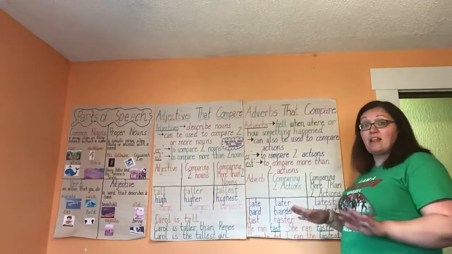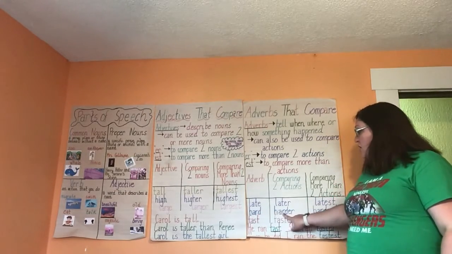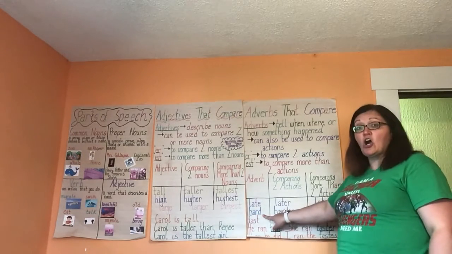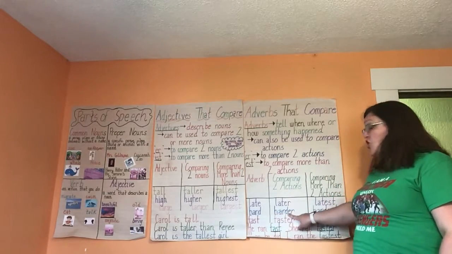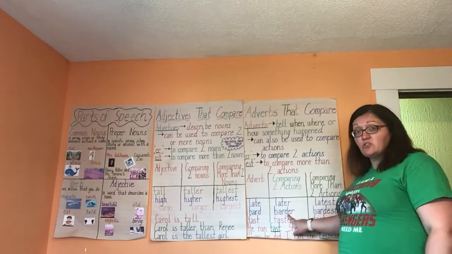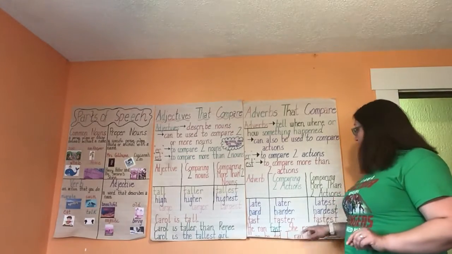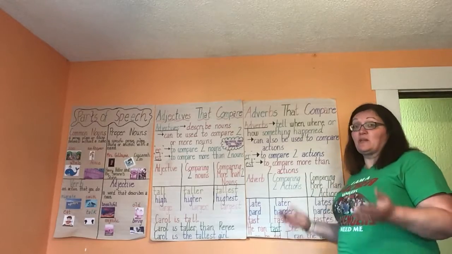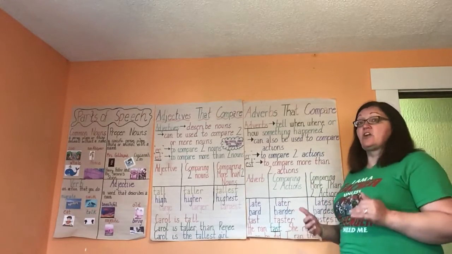That means I was the very last person to turn it in. Hard, harder, or hardest. It is hard to run 1 mile. It is harder to run 2 miles than it is to run 1 mile. It is the hardest to run like 26 miles. That's the hardest of all the miles.